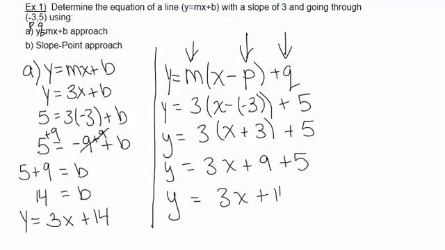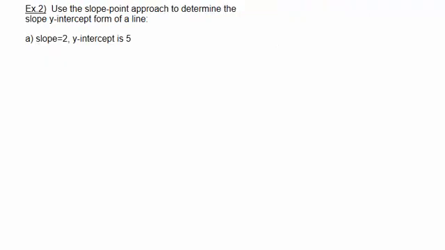So again, you can see we've come up with the same final equation, but two different ways to get there. Example 2, use the slope point approach to determine the slope y-intercept form of a line that has a slope of 2 and a y-intercept of 5. So the slope point formula is y equals m bracket x minus p plus q.